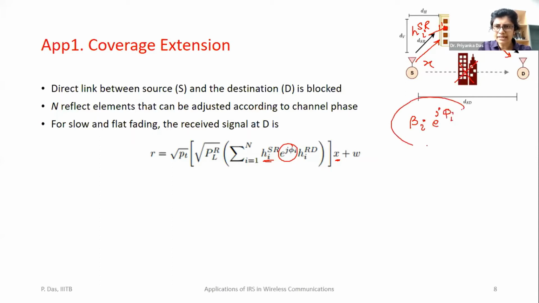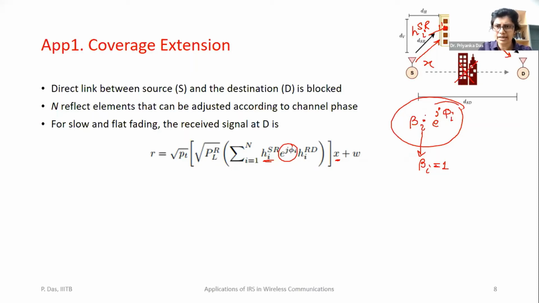Okay, now let's say, to get some intuition, I assume there is no loss in IRS reflection, meaning no attenuation loss. Beta I may be less than 1, but just for simplicity, assume beta I equals 1 for all the I values.